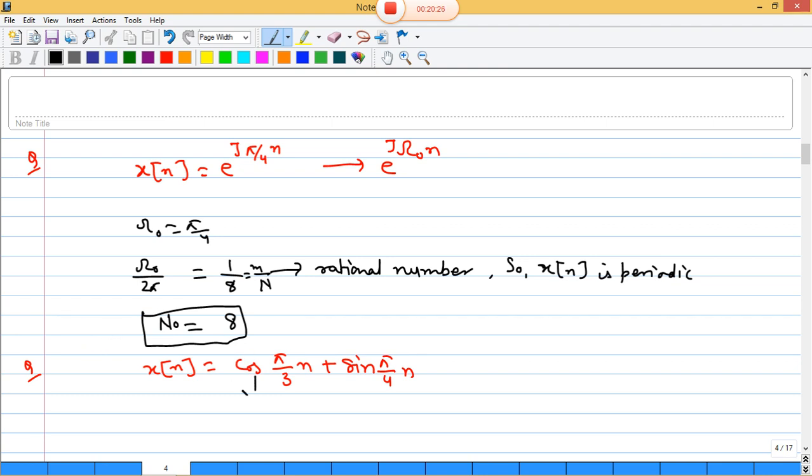So for this one, omega 1 is pi by 3. For this one, omega 2 is pi by 4. Now omega 1 by 2 pi we have to find out. That one will be 1 by 6. And omega 2 by 2 pi we have to find out. That one is 1 by 8. So these all are rational numbers.